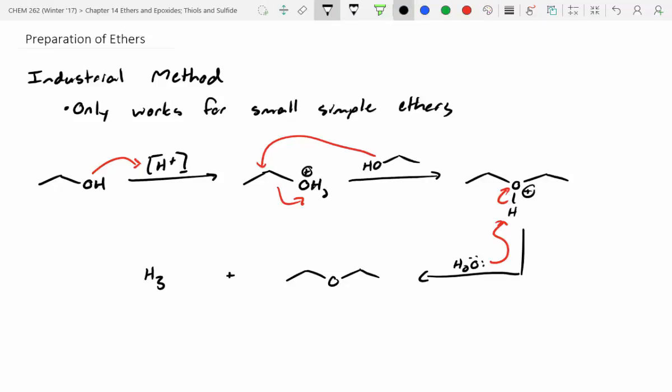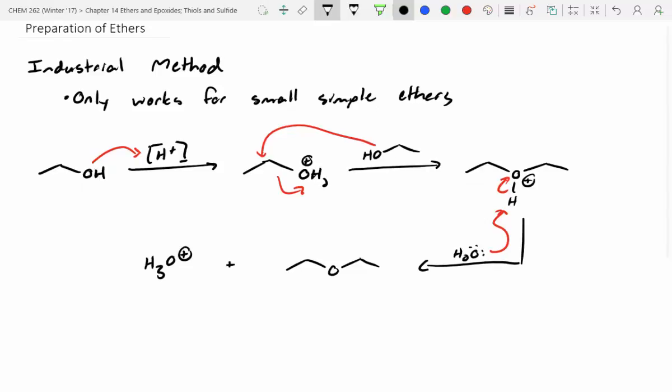However, the really big downside to this sort of industrial preparation is it requires really, really high temperature, and it requires super duper strong acid. So if you've got any other functional groups on your molecule, it can tend to cook those functional groups. So if you've got an alkene, for example, you get unwanted addition reactions. However, this does work really well for simple ethers, and it's got pretty high atom economy, and it's fairly green.